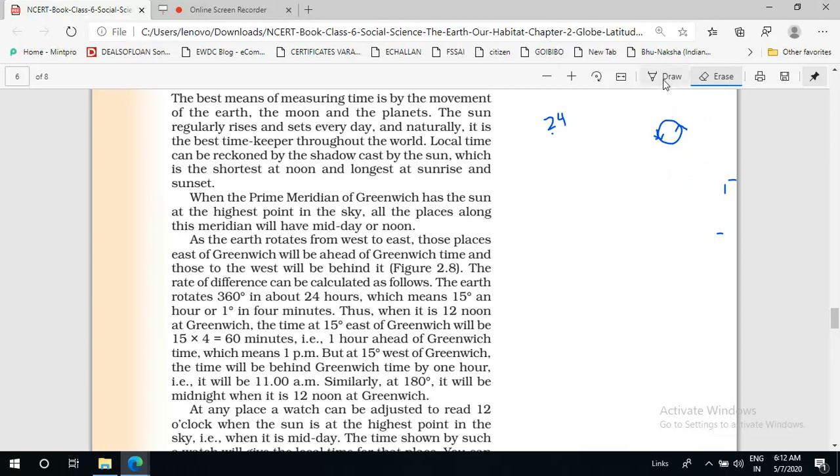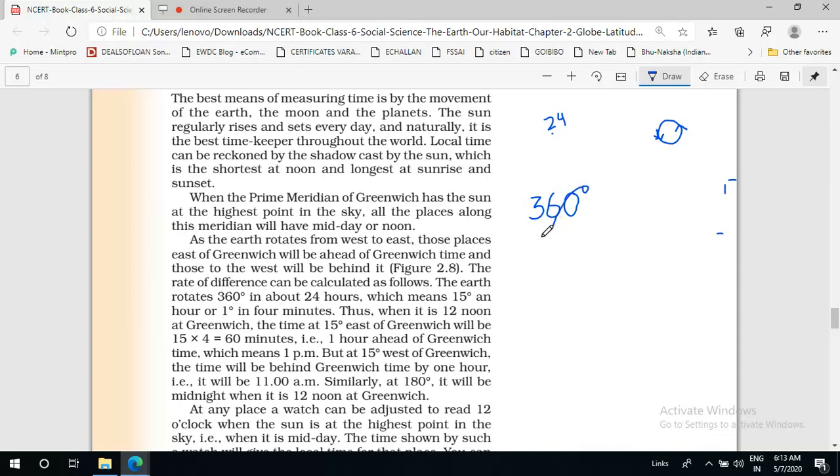Now we will do some mathematics. You know that the earth has moved 360 degrees in 24 hours. So how many degrees is the earth moving in 1 hour? Do the calculation. Now we have to calculate how many degrees the earth has covered in 1 hour.